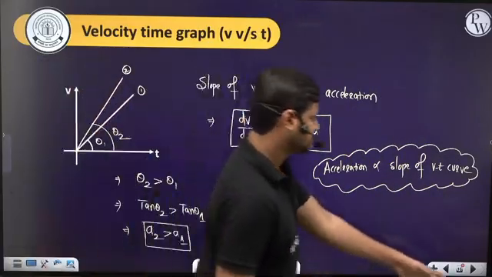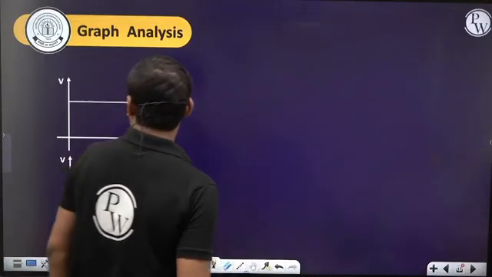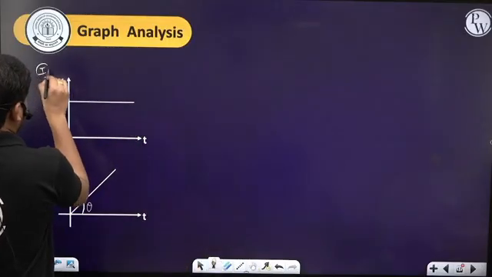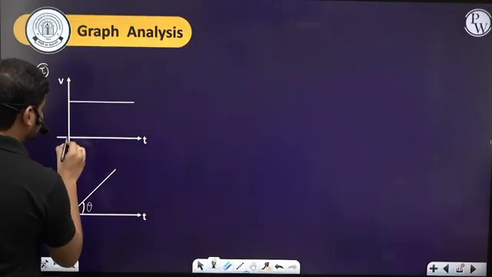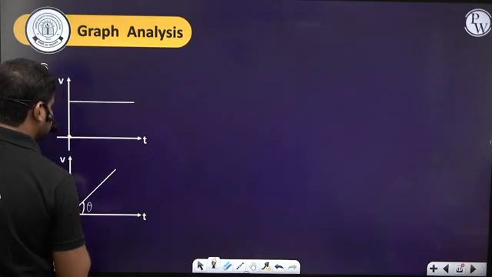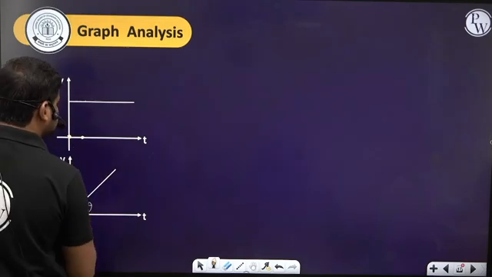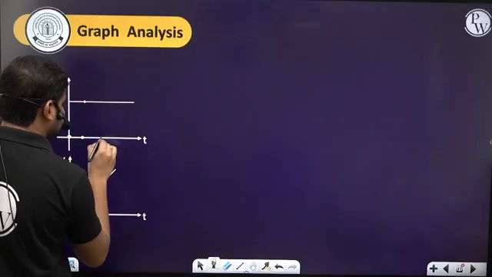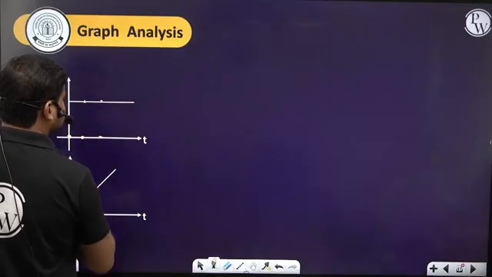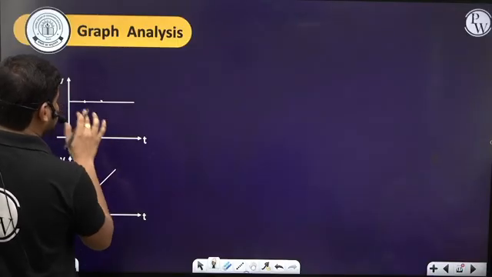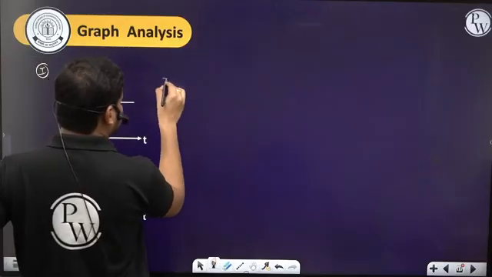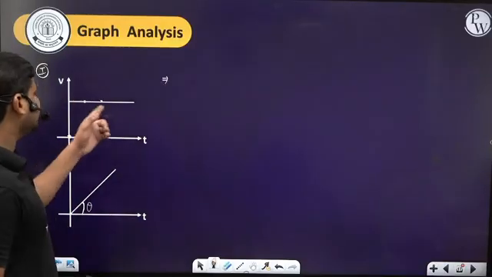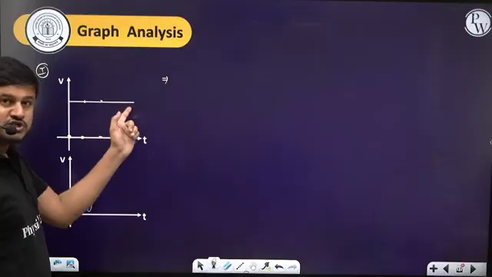Right. Next, now let's analyze the different graphs. Let me move a bit faster here. At time t equals 0, the body's velocity is here. At t equals 1 second, the velocity is here. So that means the body is moving with a constant velocity. Some velocity is there, so velocity is not 0 here.